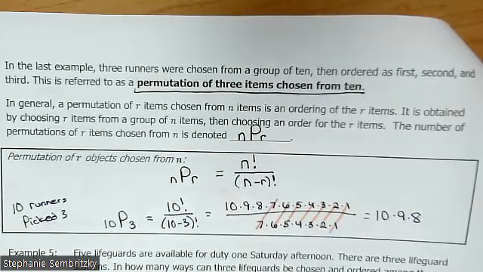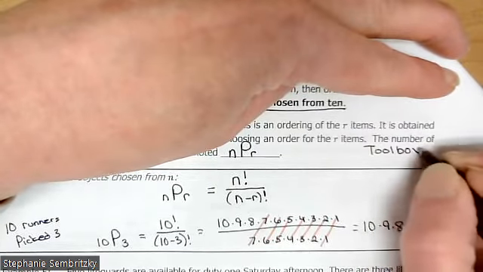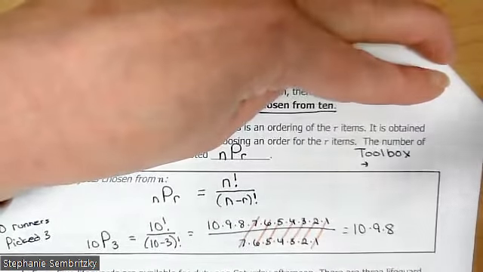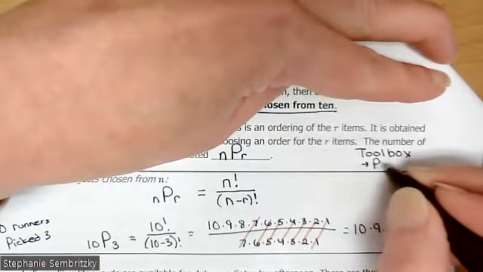There is also a way to do this in the calculator, but again, I think the formula, even using the calculator, is more trouble than it's worth. I'll show you how to do it. In my calculator, you would go to the toolbox, and the first option you choose is the probability option.